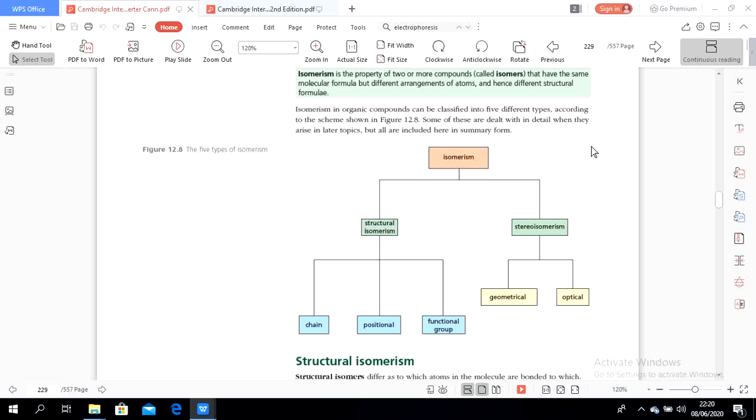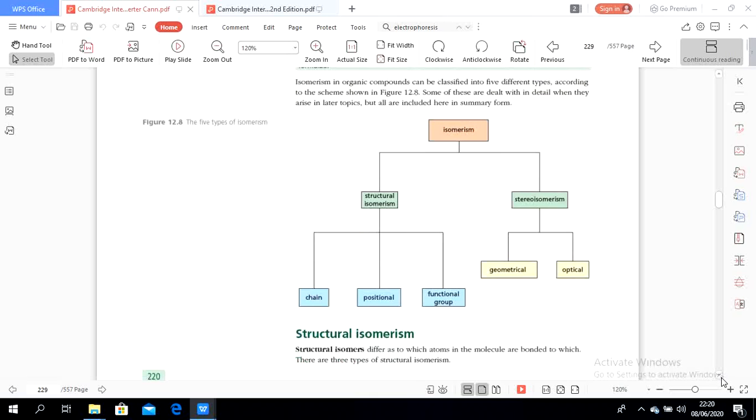So, basically there are two types of isomerism: structural isomerism and stereoisomerism. Structural isomerism is chain, position, and functional group isomerism, while stereoisomerism consists of geometrical and optical. We're going to see in detail.